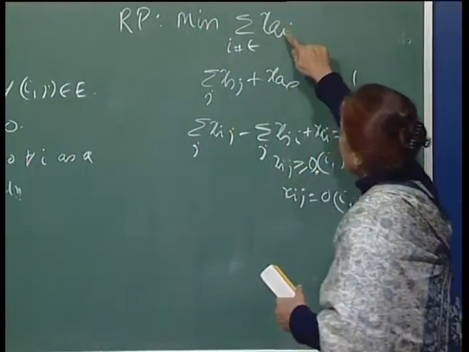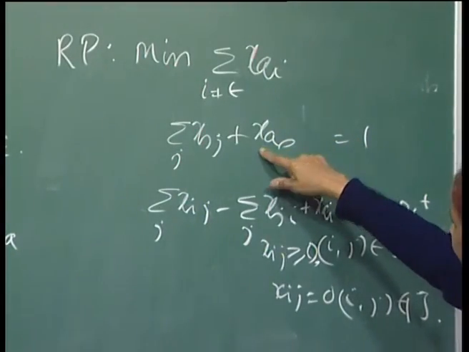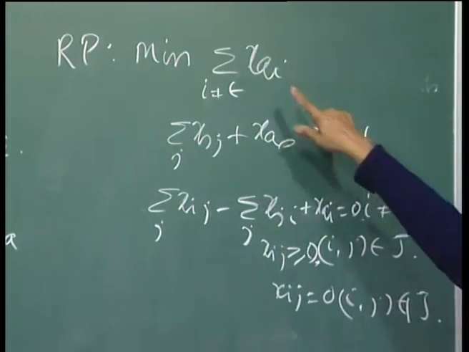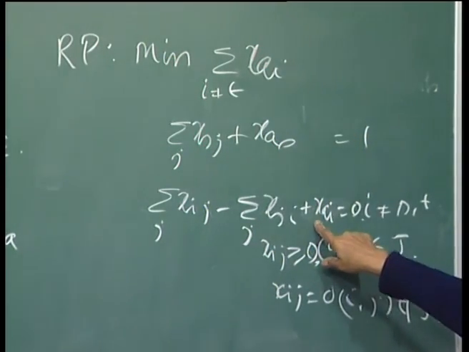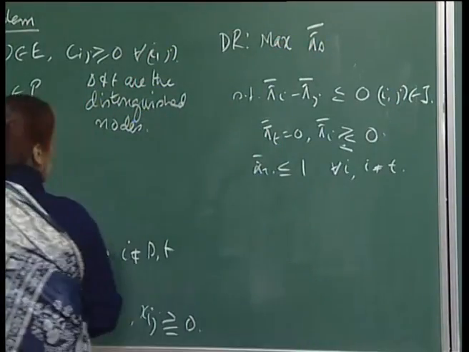Yes, all x a i's are there in the objective function, and the columns correspondingly have only one entry for the artificial variables. So this is pi s bar less than or equal to 1, pi bar i less than or equal to 1. So this is your restricted dual problem.